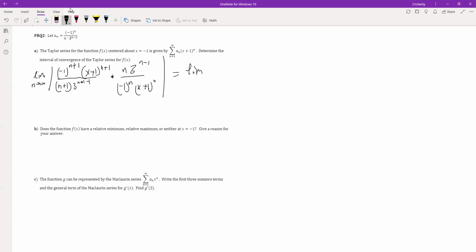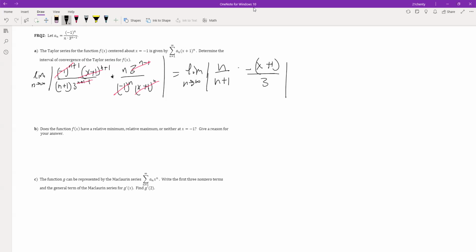Now simplifying this, we can cancel out this with this, this with this, and this with this. So we have n over n plus 1 times negative x plus 1 over 3.